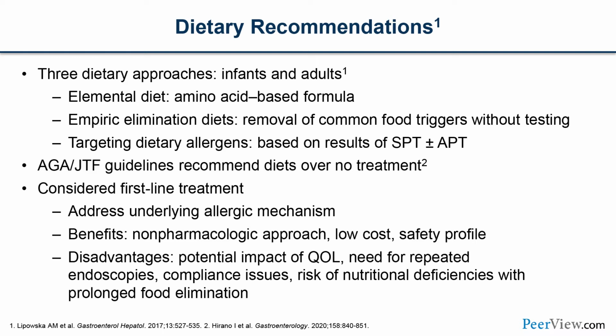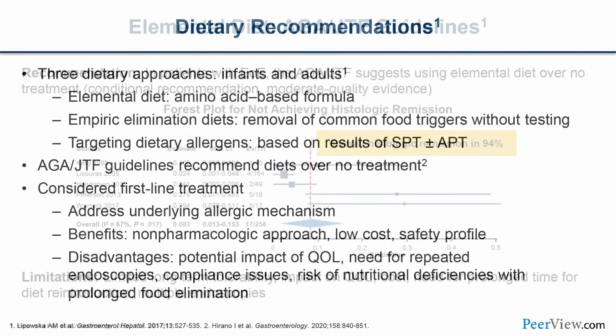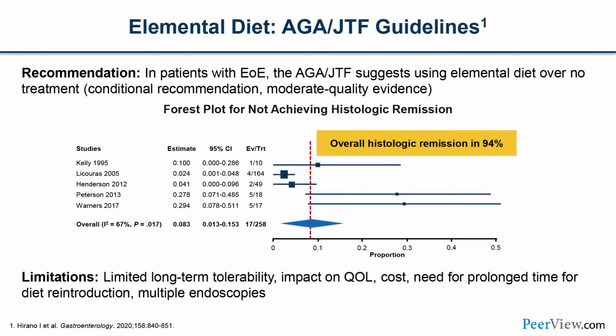And of course, when you remove a lot of foods from the diet, there are risks of nutritional deficiencies. So the guidelines looked at the elemental diet over no treatment, and they made a conditional recommendation that you want to use elemental diet over no treatment.